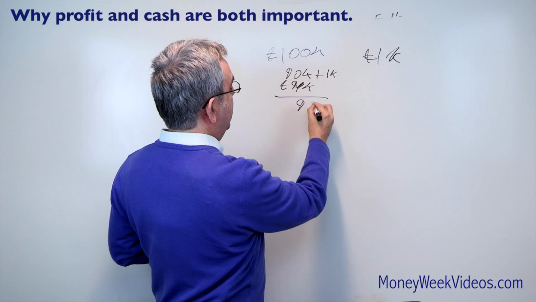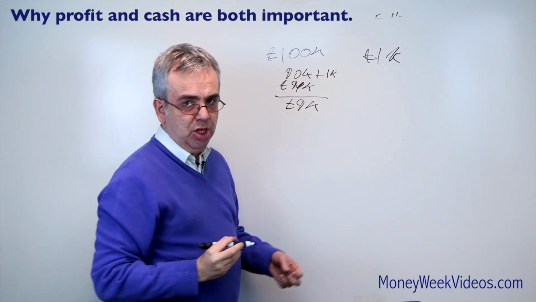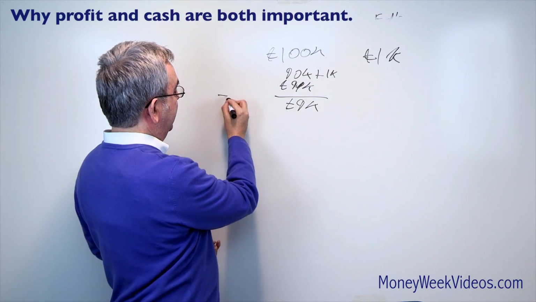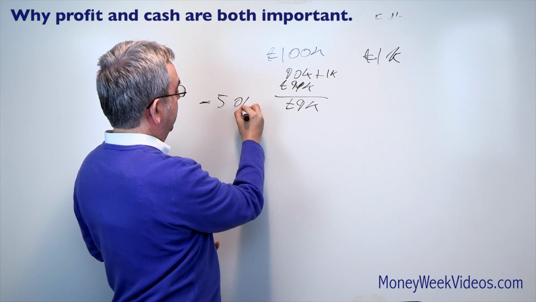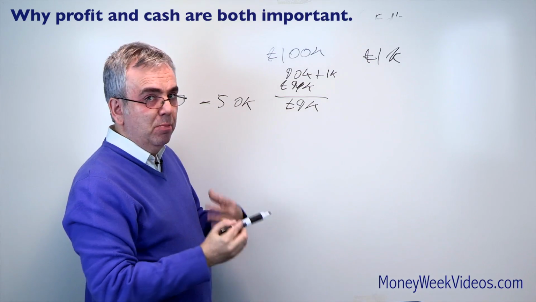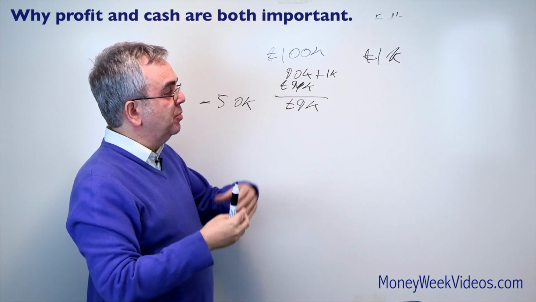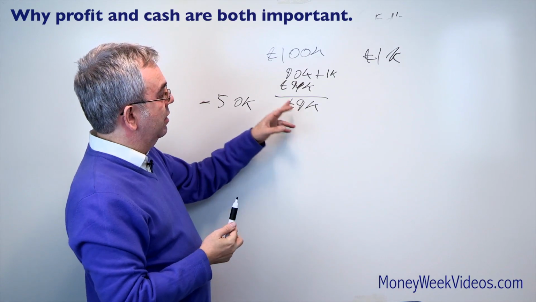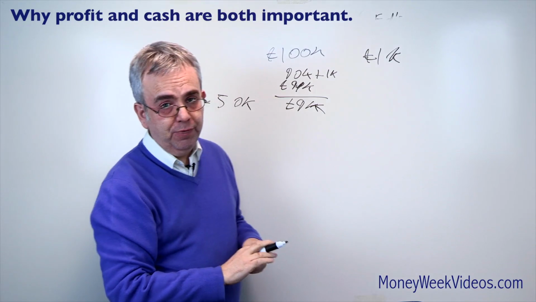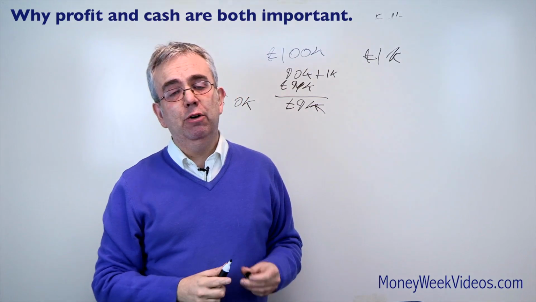And so suddenly the profit in the month of September is £9,000. Remember, in September we burned £50,000 in terms of cash flow. But that's not a good figure to look at because that was a one-off cost. This £9,000 profit is a much more realistic figure, and it gives you a better idea of the underlying health of the business.